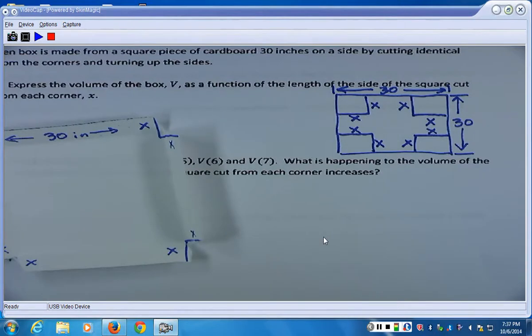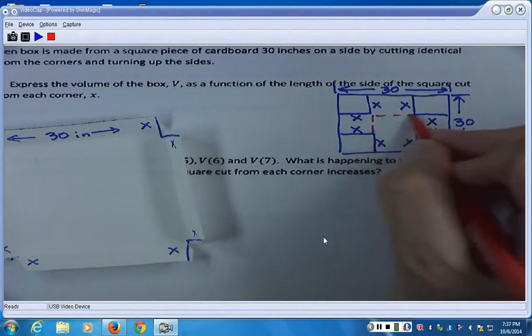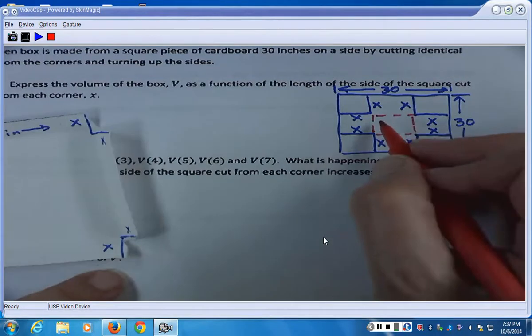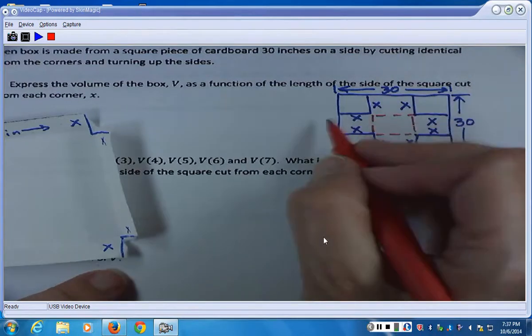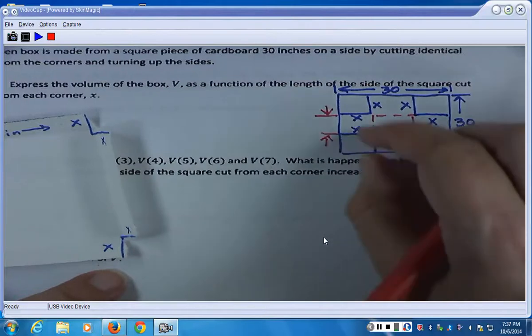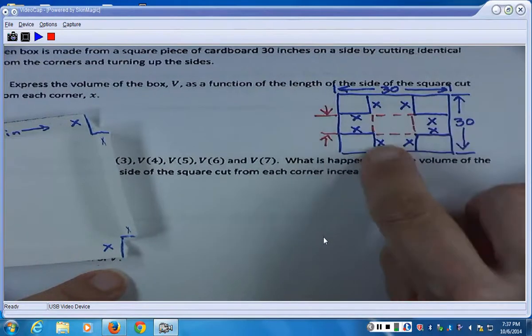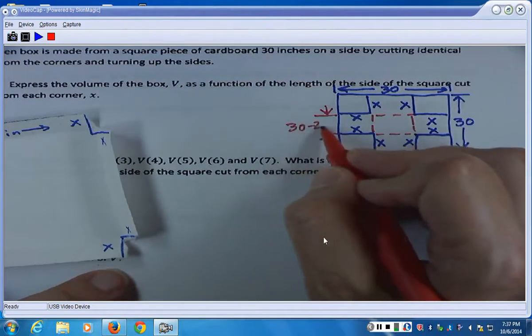Okay, so this is the bottom of the box, it's a square. So what is this distance? What's this distance right here? This whole distance is 30, and this is X plus X. So this is 30 minus 2X.